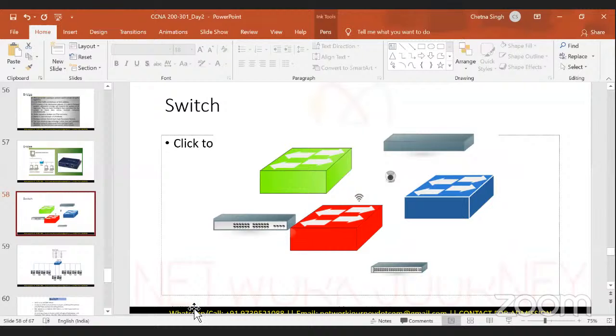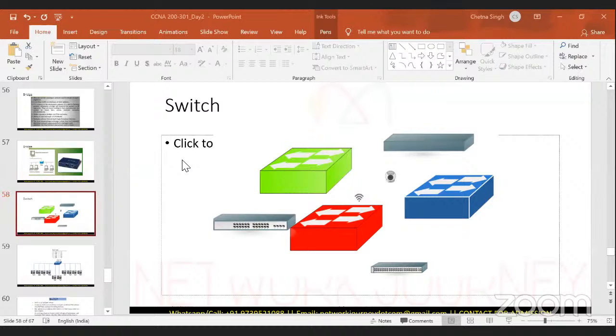Here you told us that the bridge filters the traffic on the basis of MAC address. What does it mean? The way we saw yesterday, if a specific request has come, it will check its MAC table.